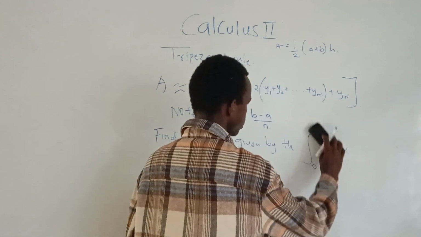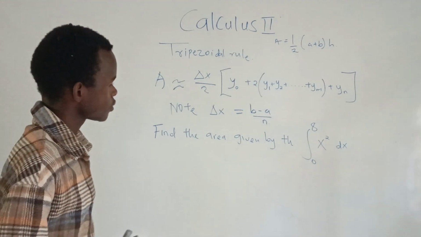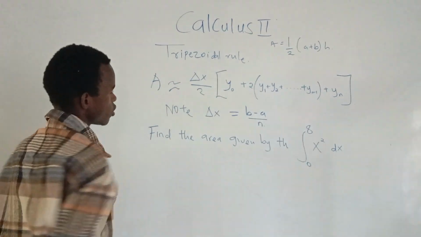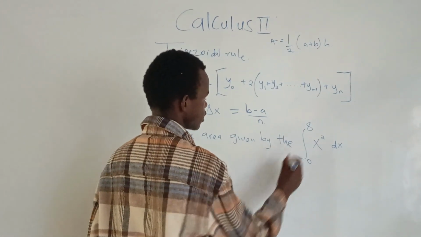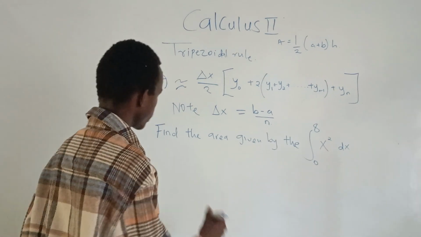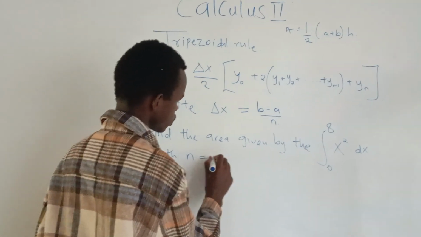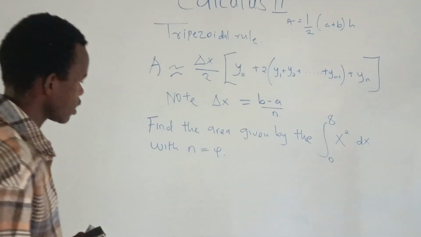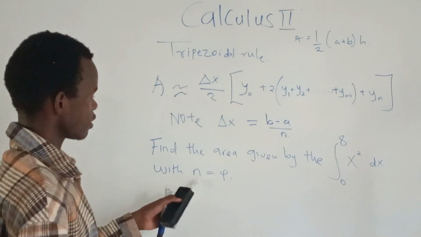This example allows us to handle how to maneuver with that formula. Take that integral with n equals 4. We are actually given the value of n.